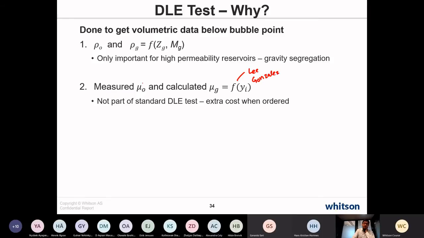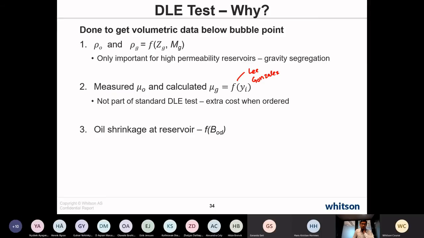The oil viscosities are not part of the standard DLE experiment, so you have to order them separately. But the experiment used for the oil viscosity measurements is essentially the same as DLE: you remove the equilibrium gas phase and measure the viscosity of the equilibrium oil phase.